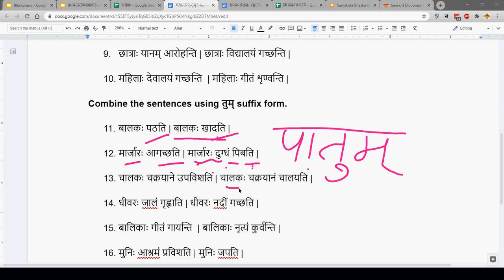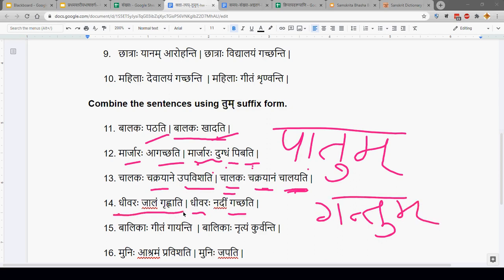Then chalakah chakrayanam chalayati. So chalakah chakrayanam chalayitum, to drive it. Chalayitum chakrayane upavishati. Dhivaraha nadim gantum. Jalam ghrunati. Balikaha nrutyam kartum geetam gayanti.